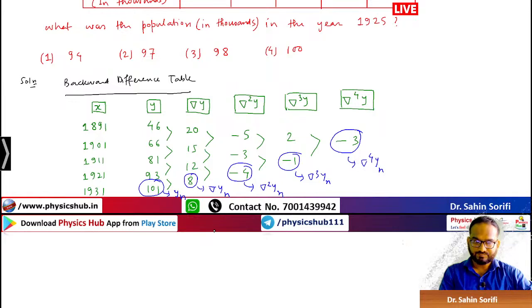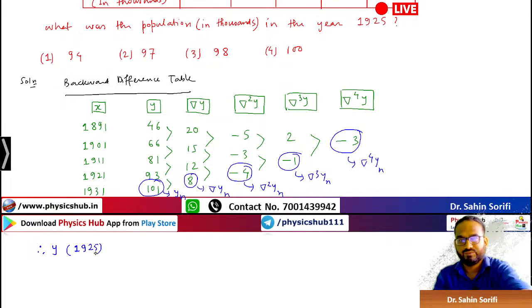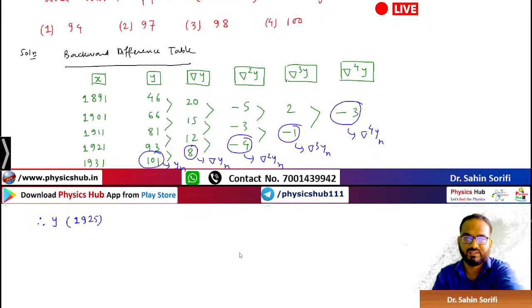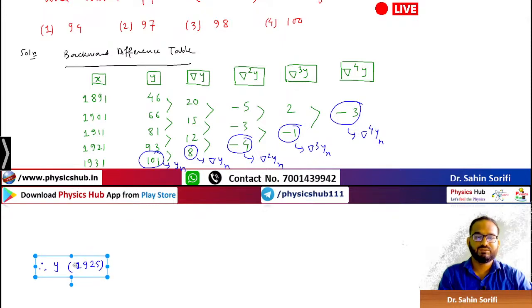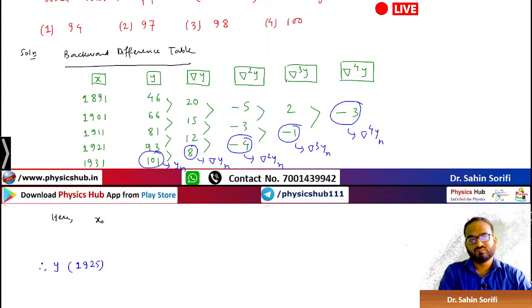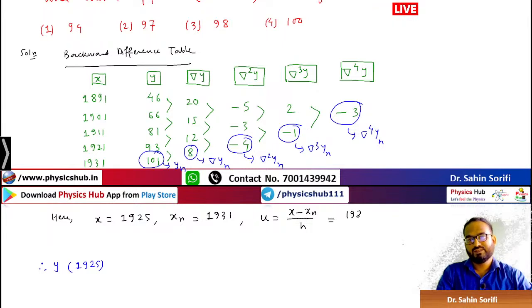Okay, so the value of y at 1925. Before we calculate the value, let us find out what u is. Here x is equal to 1925, xn is equal to 1931, and u is equal to x minus xn by h. 1925 minus 1931.